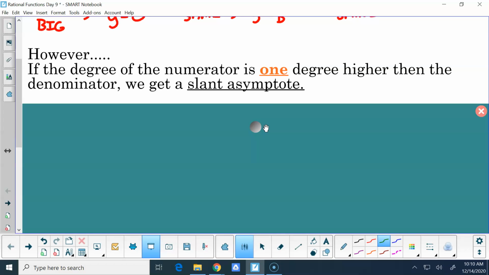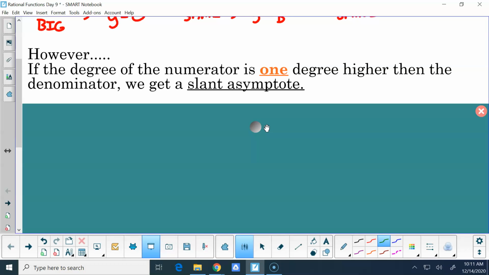And a slant asymptote is just that. It's an asymptote that's slanted. Okay, so we just got to graph a line. And that line's not going to be vertical or horizontal. It's going to be on a slant. Okay?